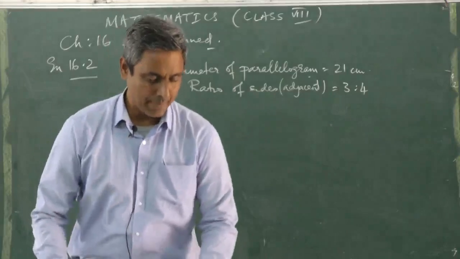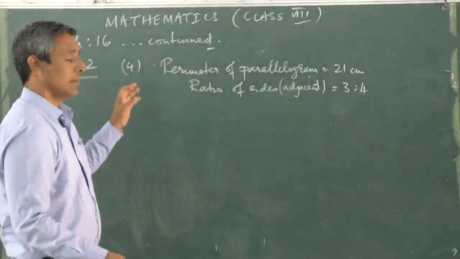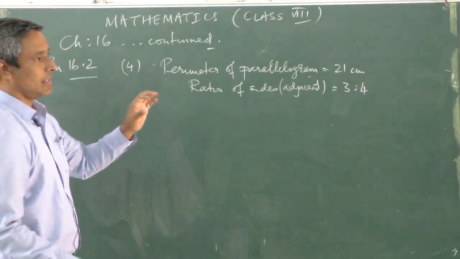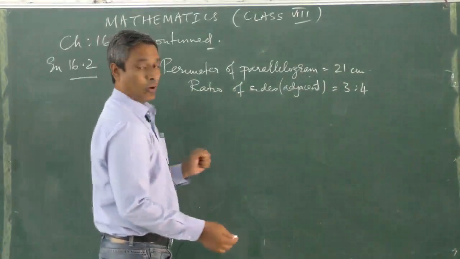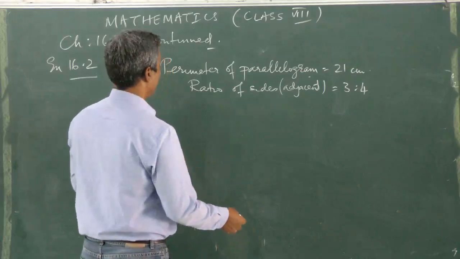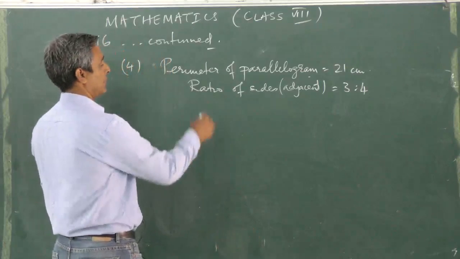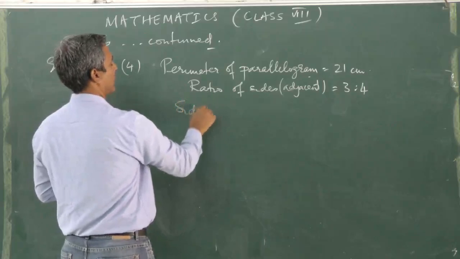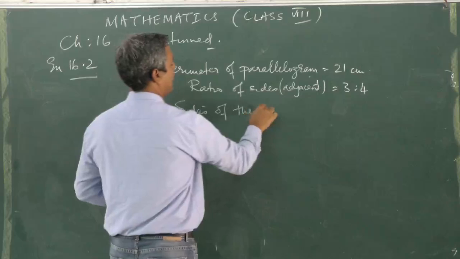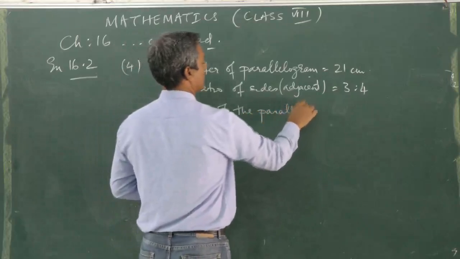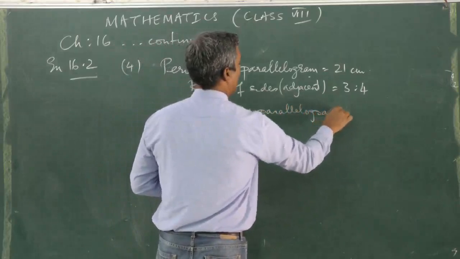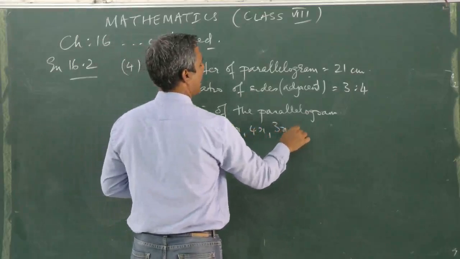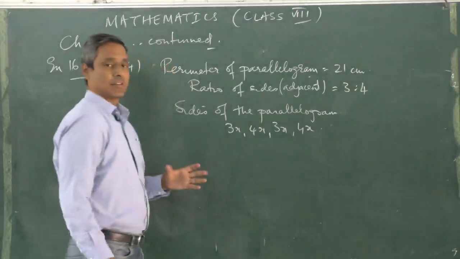Now what do we have here? A parallelogram. In a parallelogram, the adjacent sides are given in that ratio, but we know opposite sides are equal. So we have the sides of the parallelogram as 3x, 4x, 3x and 4x.